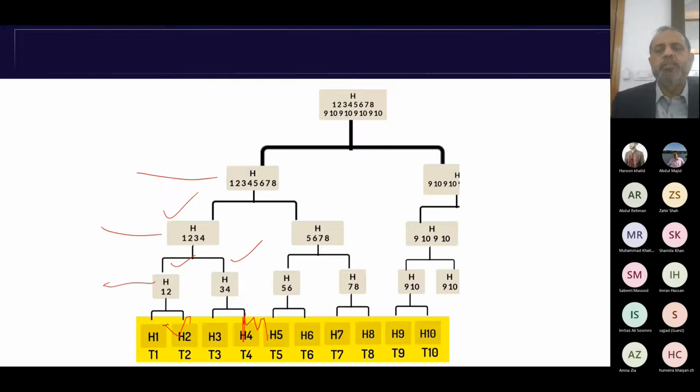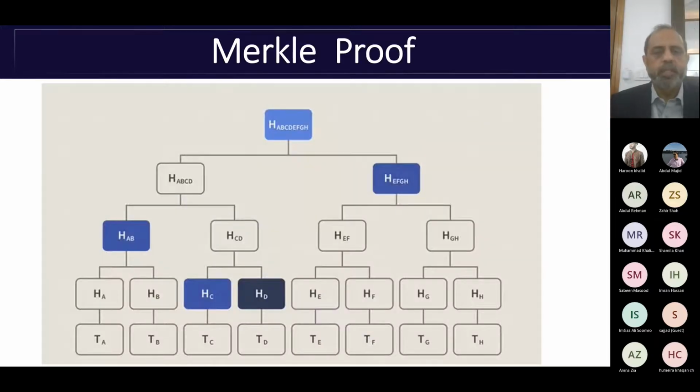So all the hashes together, as if you hash all these here, H1 to H10, just hashing all together. But the tree would help you, once you make a query, for the node to send you the minimum amount of information for you to verify whether a transaction is there in the current block or not.